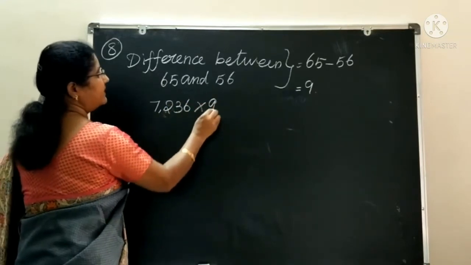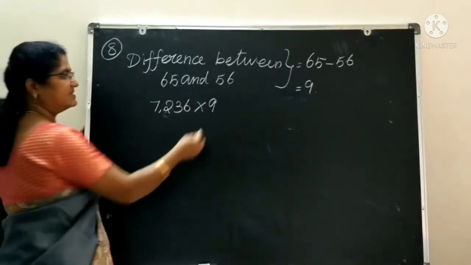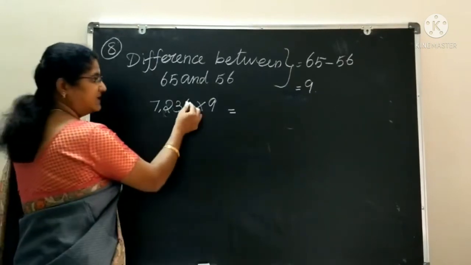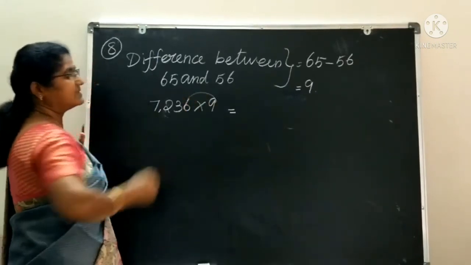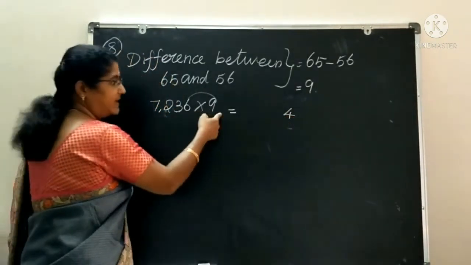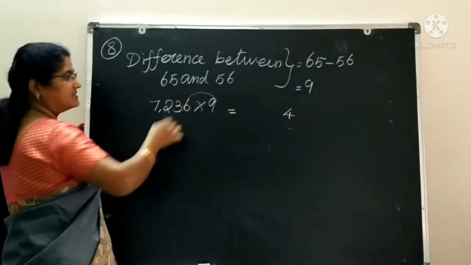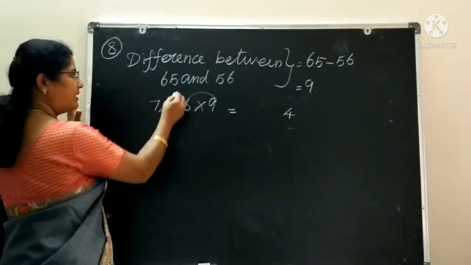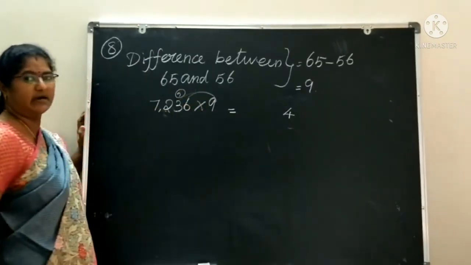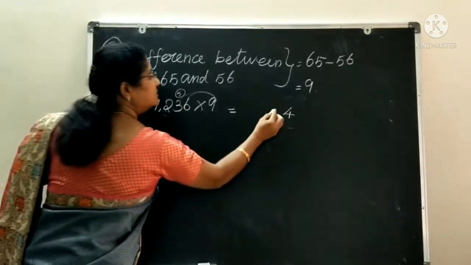7,236 multiplied by 9. Only one multiplication, and that too by a single digit. It's very easy. We can multiply directly. Multiply from the ones digit: 9 6s are 54, write 4, carry over 5. 9 3s are 27, plus 5, 32.